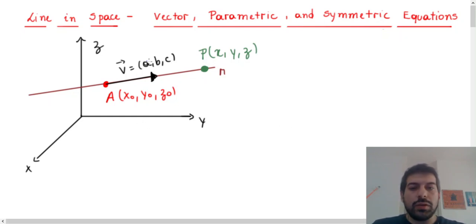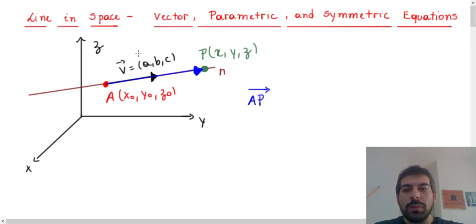In this case, for this point P to be on this line, the vector AP, which is a vector that begins in A and ends in P, this blue vector here that I will call the vector AP, if this point P is really on the line, needs to be a multiple of the vector v.